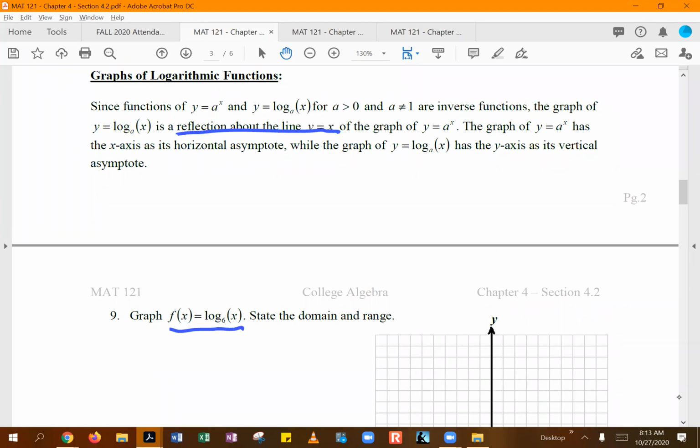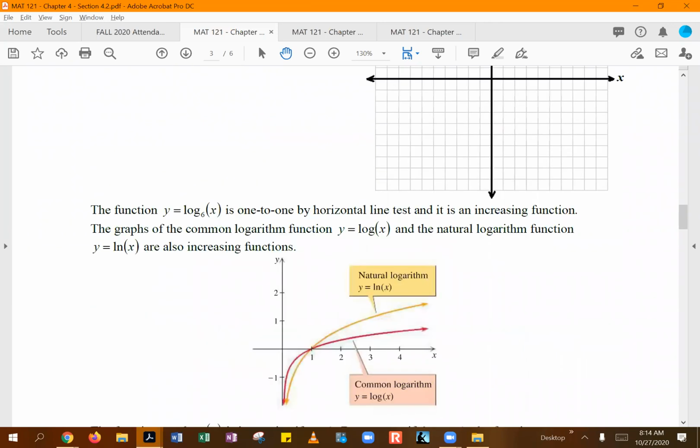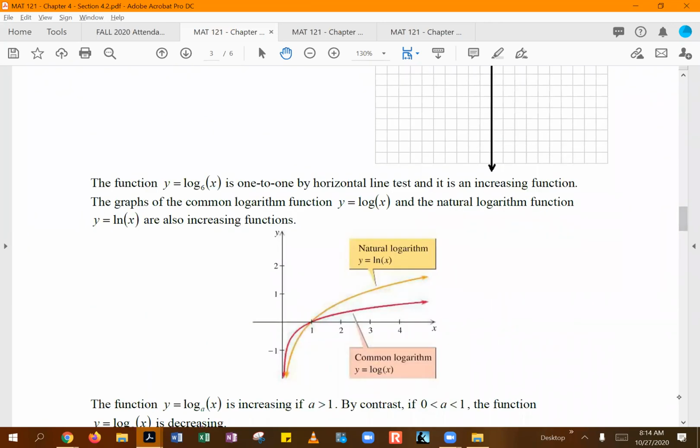You should notice that when you have a horizontal asymptote at the x-axis for the exponential function, that ends up becoming a vertical asymptote at the y-axis for your logarithmic functions. Of course, we know our functions are going to be one-to-one because obviously we can find their inverses. We talked about how these functions are increasing functions.